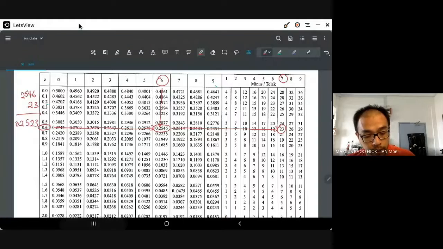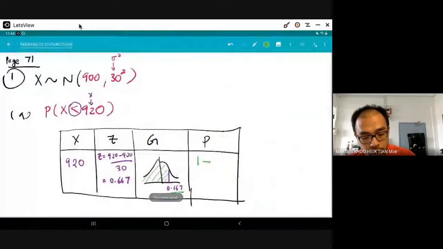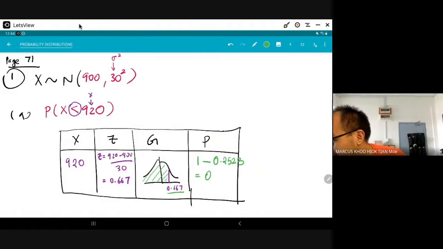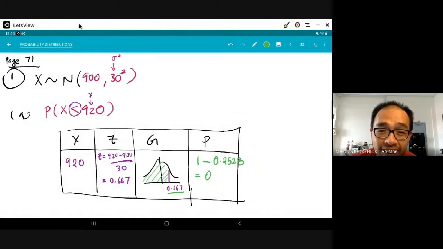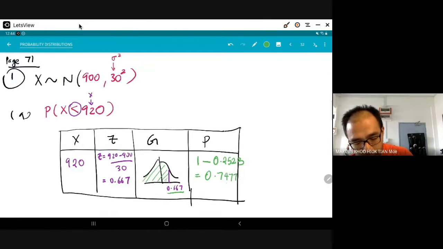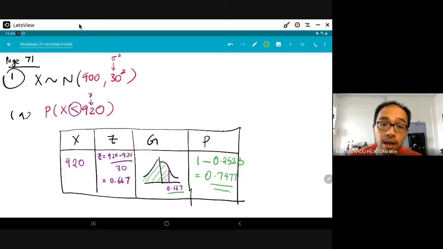So, coming back, this will be 1 minus 0.2523, which will give you, how much is this? 1 minus 0.2523 is 0.7477. Okay, 0.7477. This is the answer according to the standard normal distribution.